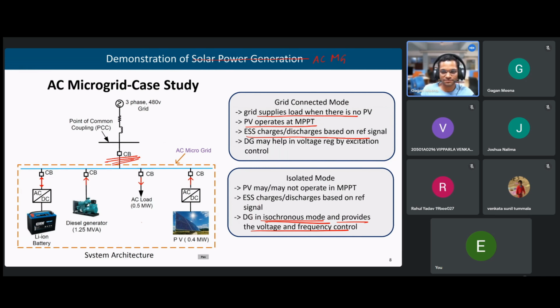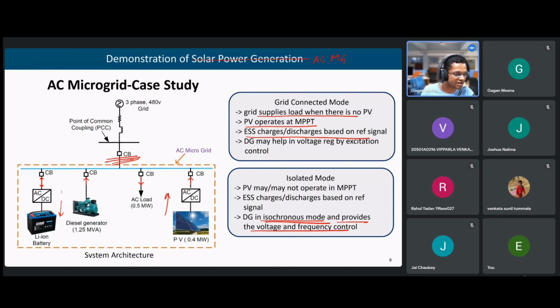Here the PV may or may not operate in MPPT because it depends upon the SOC, state of charge. If the battery is already fully charged, then it will not operate in MPPT mode, because excess energy will only be wasted.